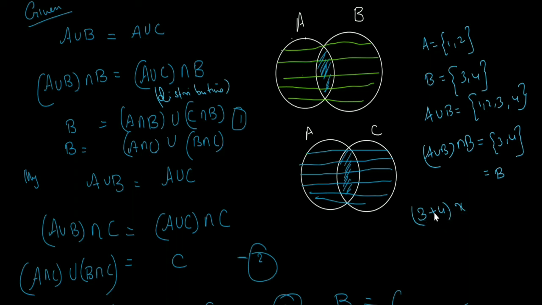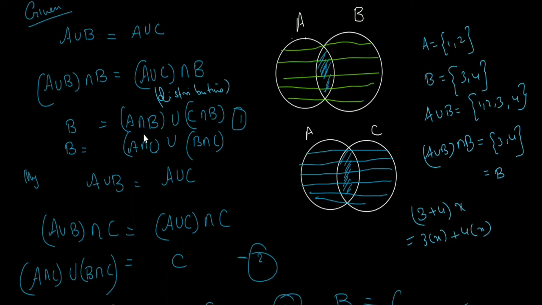The same property: A intersection B union C intersection B. A intersection B, put the union sign. So this is equal to, how do you write this? 3 into x plus 4 into x. Same thing. A intersection B, the union sign, then C intersection B.